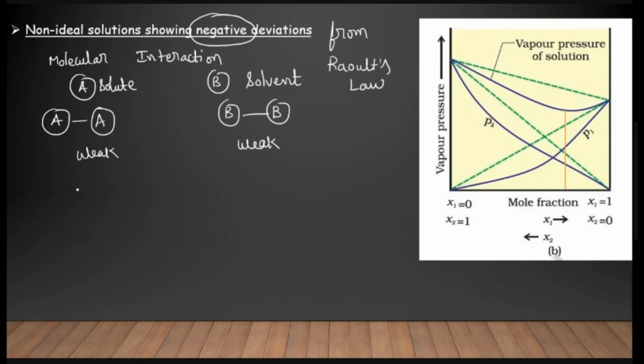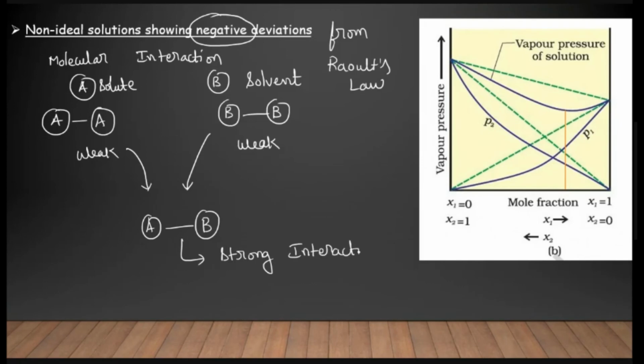So when you mix the solute and the solvent, the solute particles will form a new interaction with the solvent, and a new bond is formed. This interaction is a strong interaction.